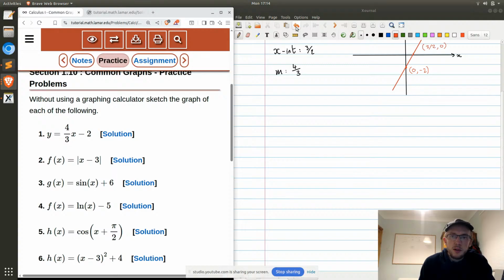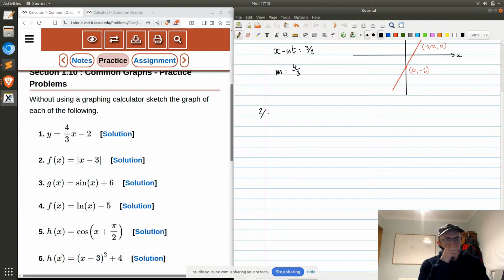For the next one, we have the absolute value function. This is usually a V shape, and in this case it is a V shape. What is the effect of subtracting 3 from the argument x? That will shift the entire graph 3 units to the right.